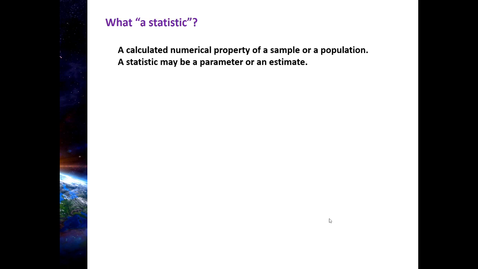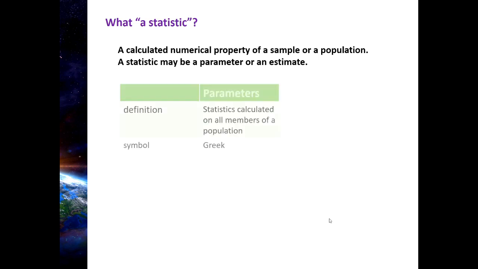Now, a statistic, a numerical calculation, a property of the sample or population, can be either a parameter or an estimate. So let's look at the difference. A parameter is a statistic that was calculated on the entire population. So if I calculated the mean friendliness of every single SUU student on campus for fall 2020, which wouldn't be many, right?